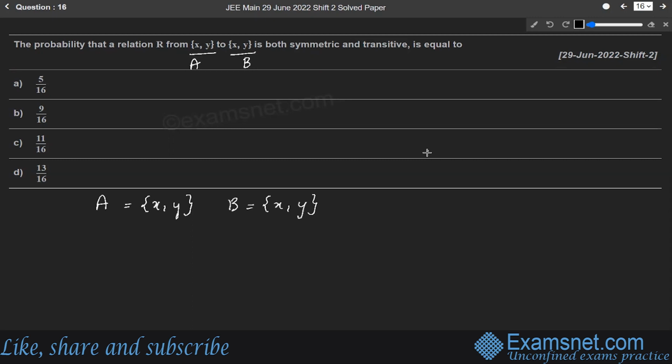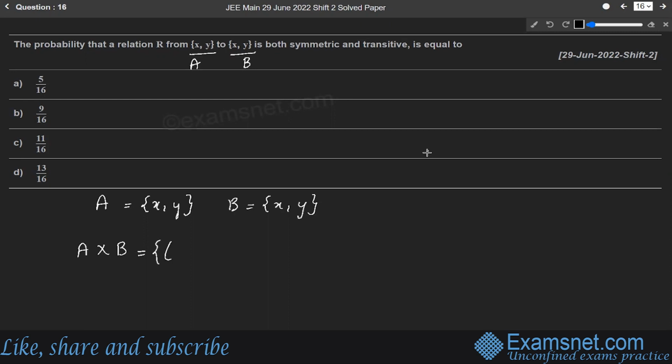Now let us calculate the Cartesian product of both these given sets. Okay. What is Cartesian product? In simple words, it is basically the product of two sets A and B, which is denoted by A cross B. And it is the set of all the ordered pairs where the first element lies in A and the second element lies in B. Okay. So let us find the ordered pairs.